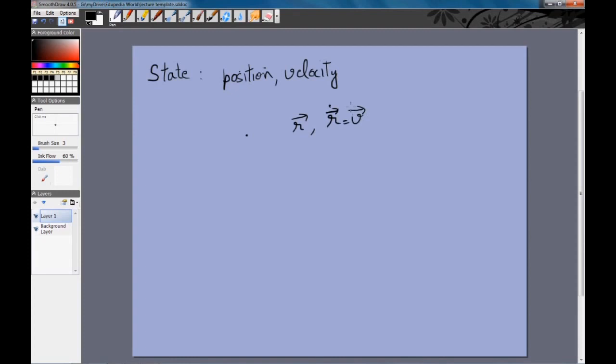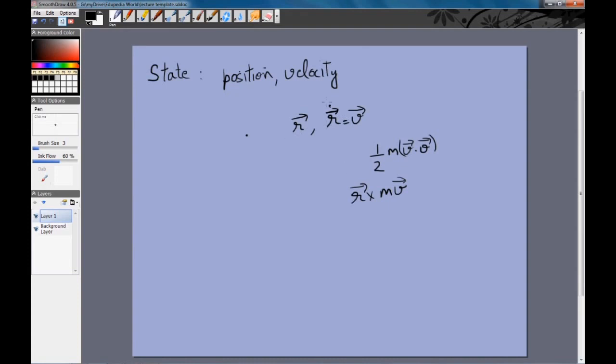In that case, you know everything there is to know about the particle, and you can determine everything else. For example, you can determine the kinetic energy, which will be given by half m v dot v, or half mv squared. You can determine the angular momentum, which will be determined by r cross mv, and you can determine all other quantities, because every other quantity is basically created by the position and the velocity.